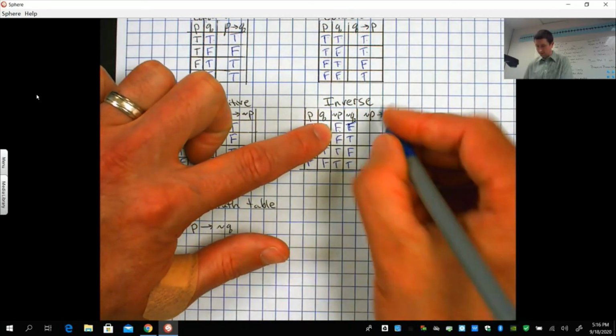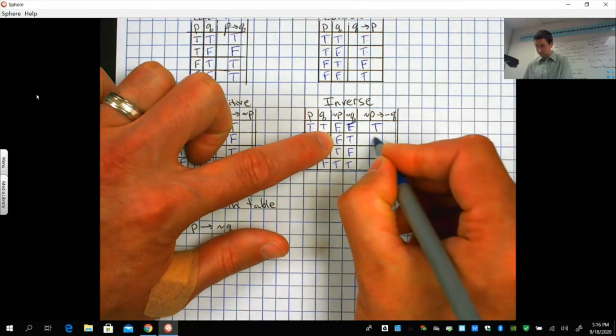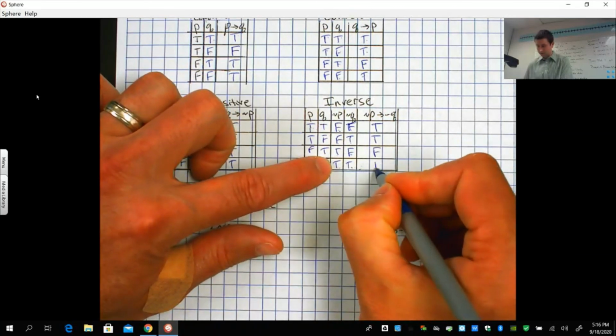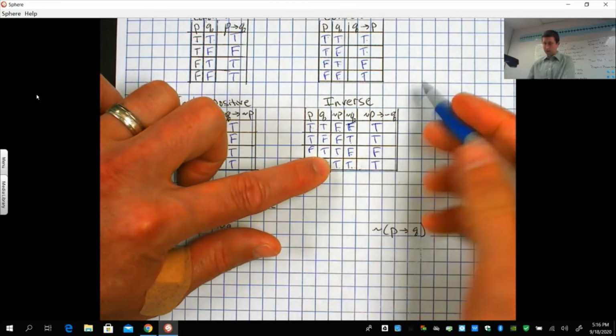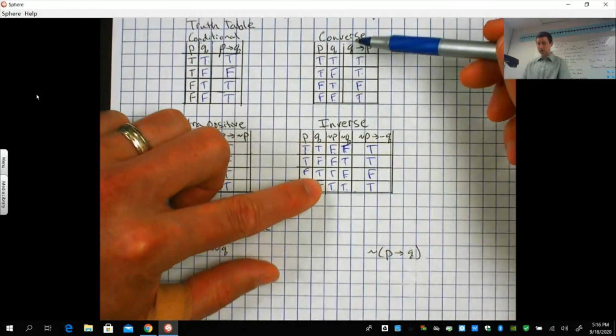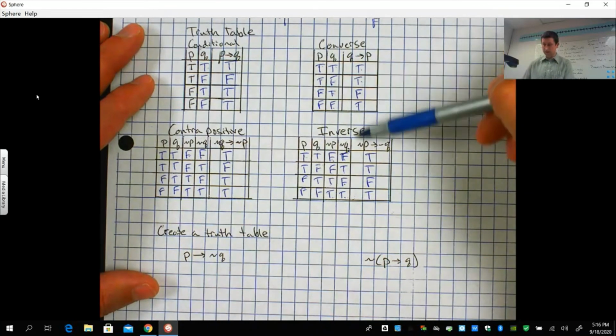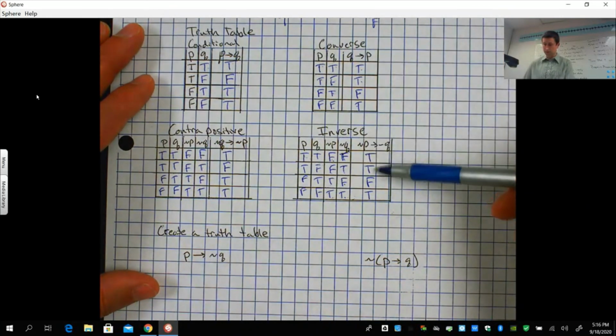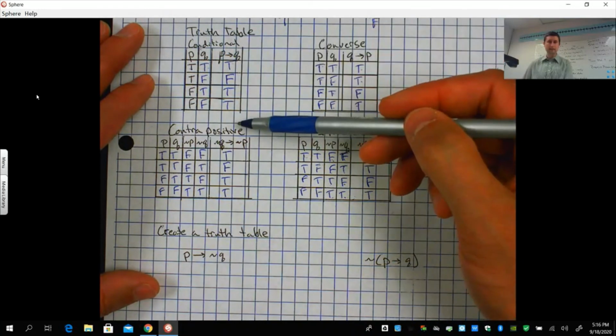False, false is true. False, true is true. True, false is false. True, true is true. So we've shown converse and inverse. This is how we show that statements are equivalent. The converse and inverse have the same resulting pattern. True, true, false, true. Conditional and contrapositive have the same resulting pattern.